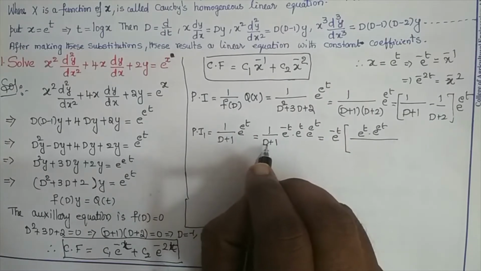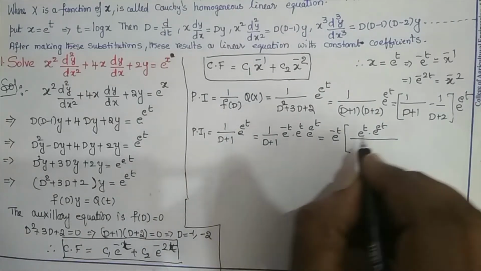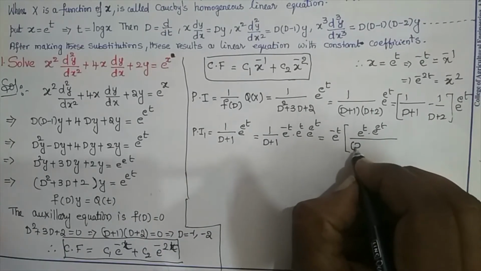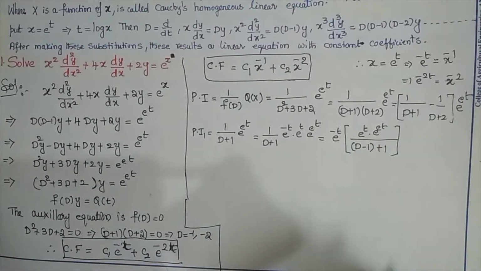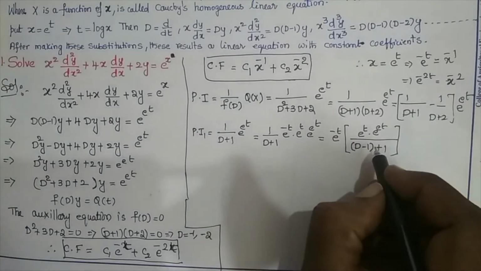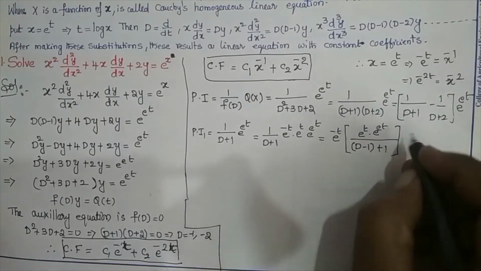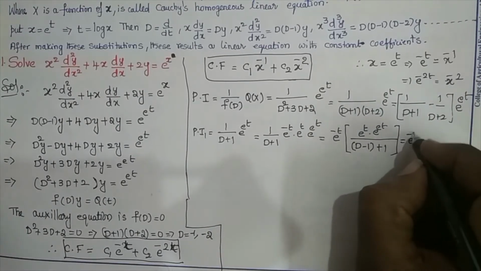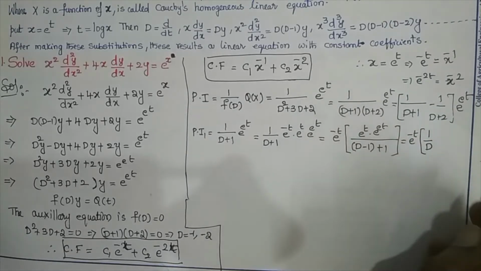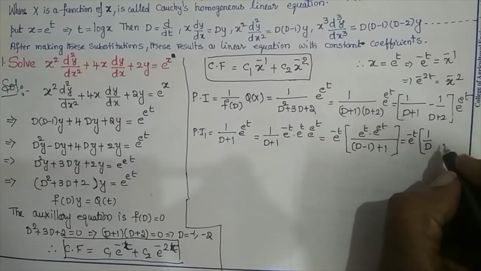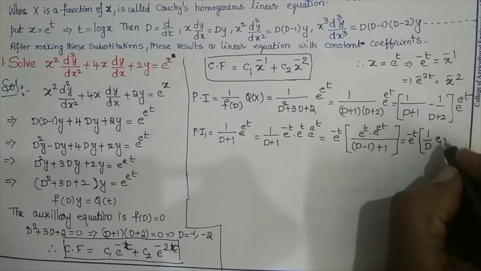D is replaced by D+a. Here a is nothing but minus 1. That means D minus 1 plus 1. This is the replacement. Then plus 1 minus 1 gets cancelled. It will become e^(-t) here, 1 by D into e^t.